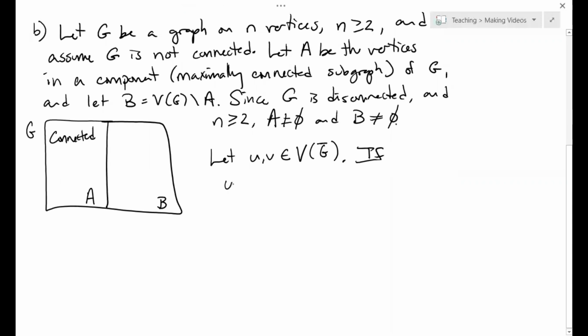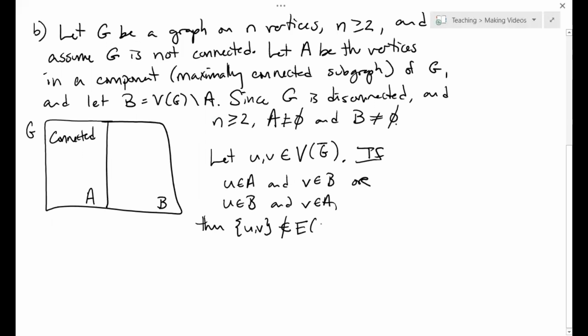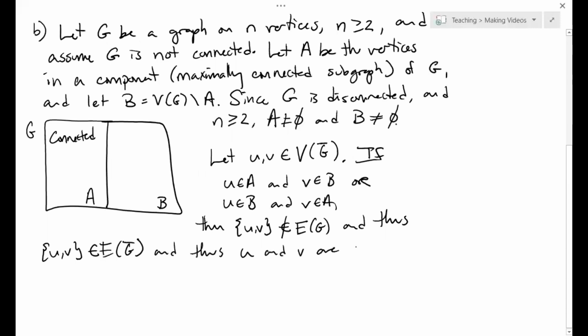If U and V are in different groups, if U is in A and V is in B, or U is in B and V is in A, then the edge UV is not in the edges of G, and thus UV is in the edges of G bar, and thus U and V are connected by a path, an easy path.